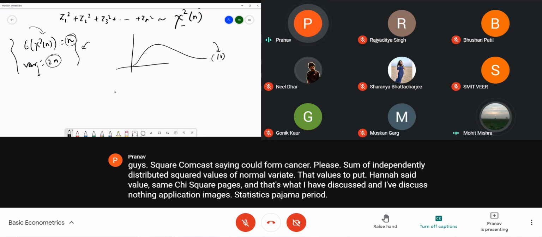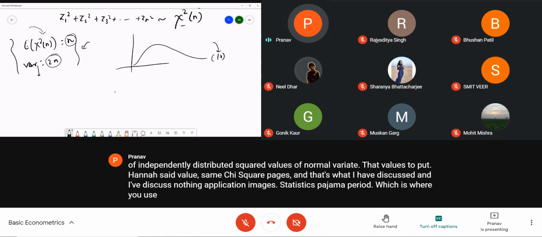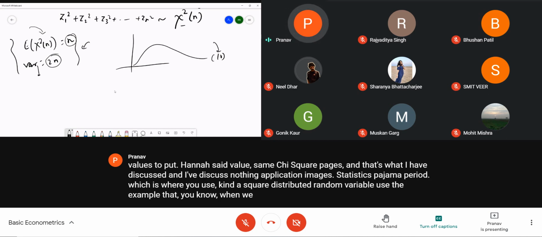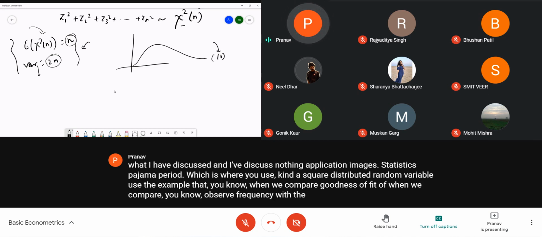Where do you use a chi-square distributed random variable? As in the example, when we compare goodness of fit, or when we compare observed frequency with the expected frequency.